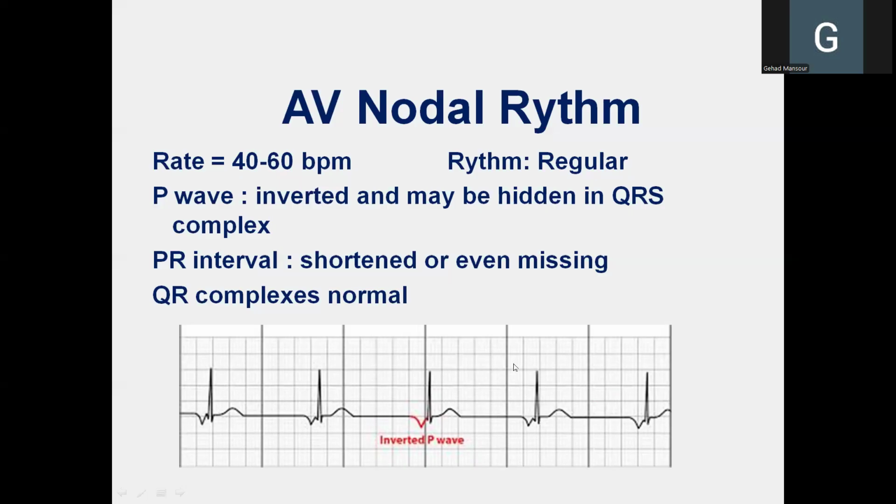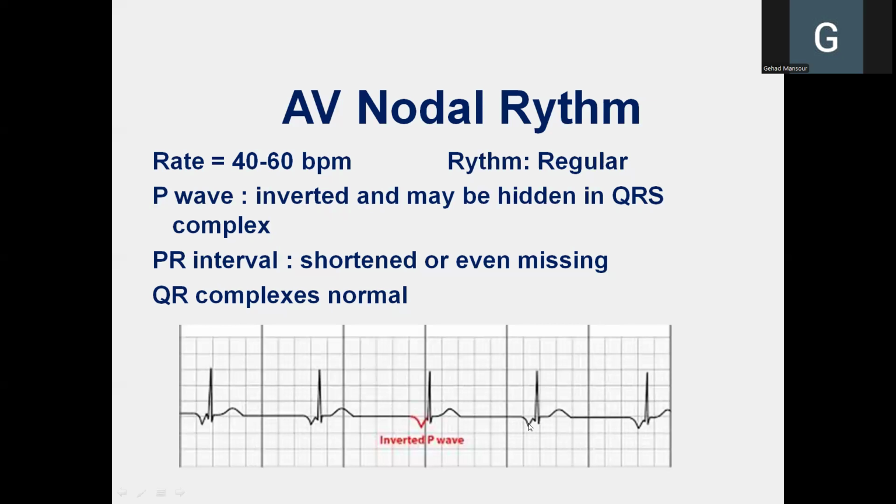And of course it's obvious, once your eyes get trained on the normal heart rate, then you can definitely deduce, once you see that ECG tracing, that although it is a very regular rhythm, yet it is a very slow rhythm. But the other characteristic that you can see is that the P wave is inverted.